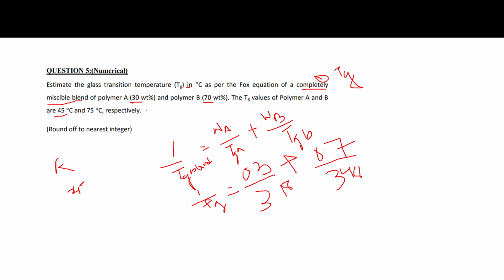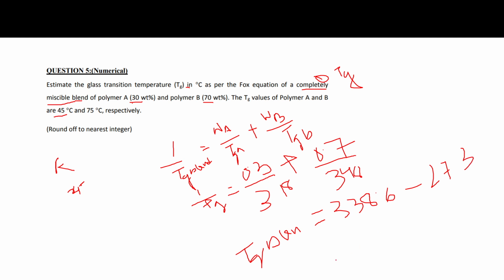If you calculate it, the Tg of the blend is coming around 338 point something. Then you have to subtract the Kelvin offset, so minus 273.